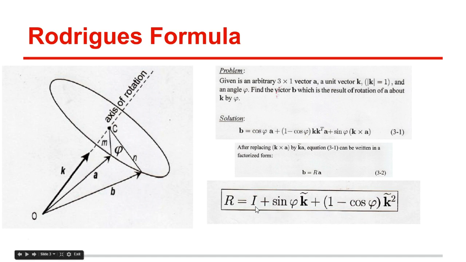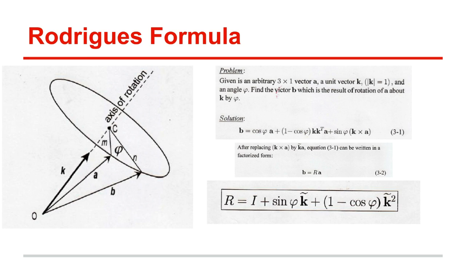You have your identity matrix, which is a 3x3 matrix that has ones all along the diagonal. You have your sine phi times K tilde, or your K skew, and phi is how many degrees you'd like to rotate about the unit vector, in this case K. And then you have plus 1 minus the cosine of that angle, all multiplied by K skew squared.